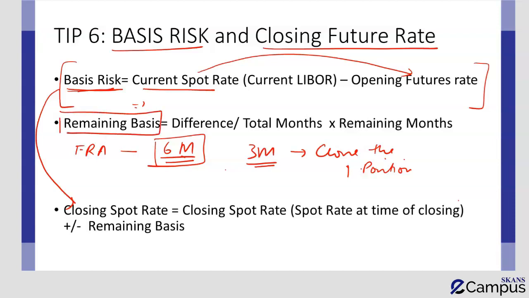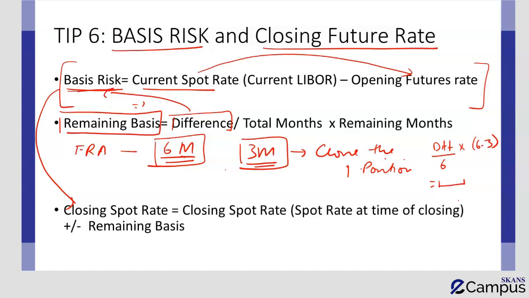What is that? First of all, the difference that I'm referring to over here is basically the basis risk. You take out the difference, so you write difference over the total number of months during which this basis risk is occurring, which is 6 months, and you multiply it with the remaining months left. So if I'm closing at 3 months, the remaining months left are 6 minus 3, and as a result I calculate a value which is the remaining basis.